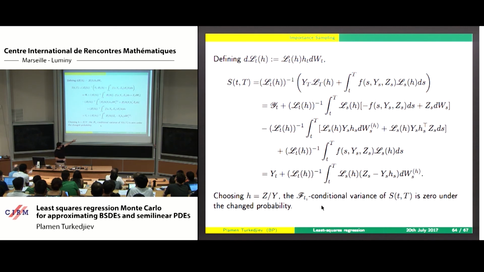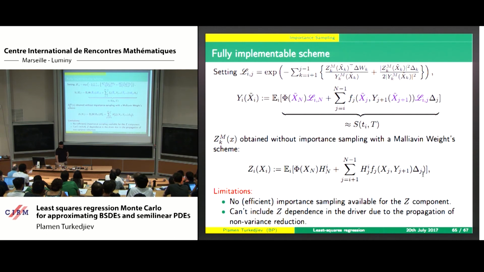So if h is just equal to z divided by y, this stochastic integral here is going to go to 0. So that explains why we have the z over y appearing. Okay?